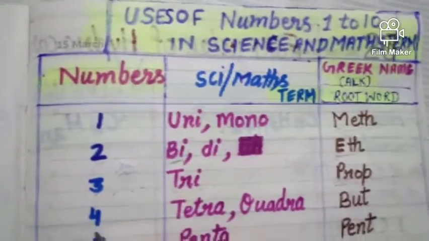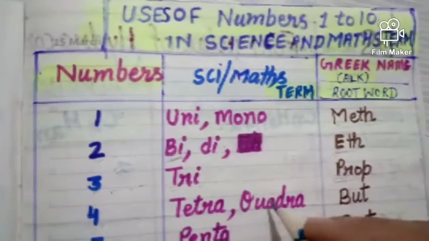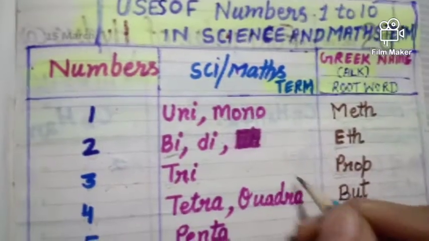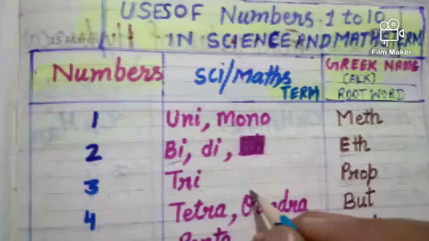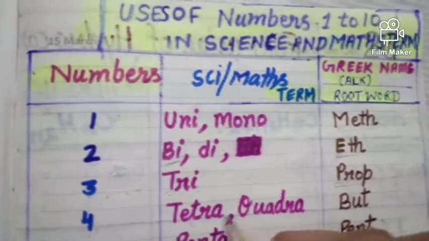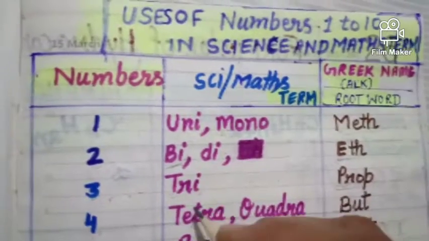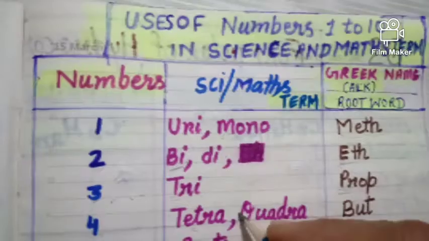Now the next number is 4. 4 means tetra, quadra. Quadrilaterals. A quadrilateral means a polygon having 4 line segments. Tetra is also for 4. Say Tetra Pak, a 4 layer pack. Tetranomial expressions have 4 terms.